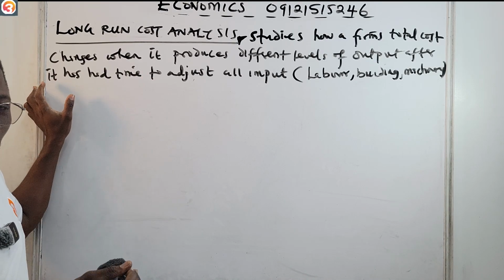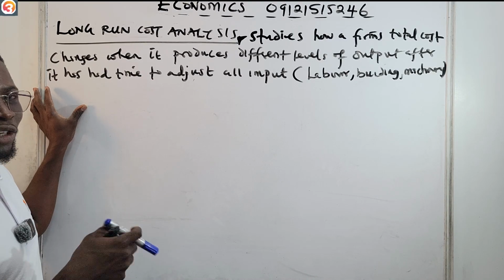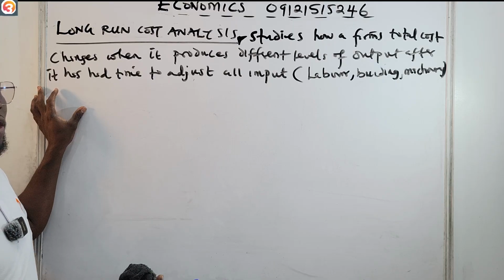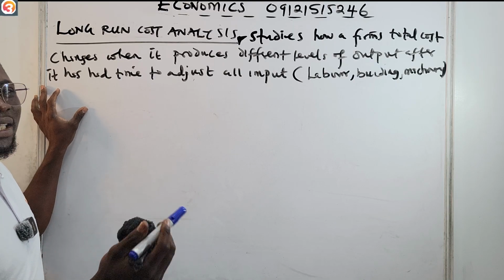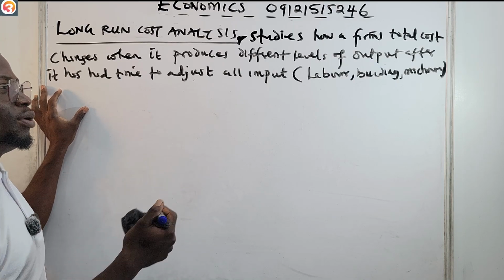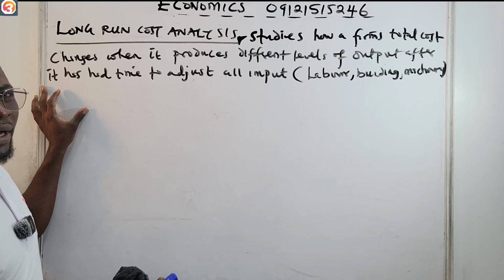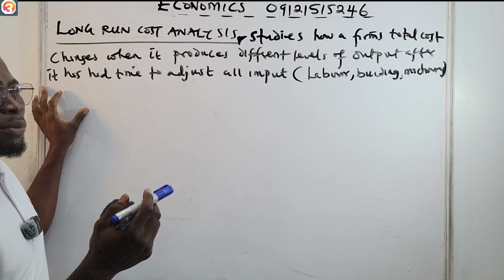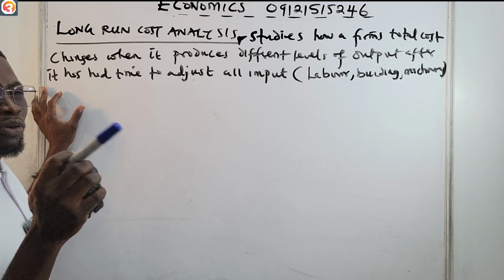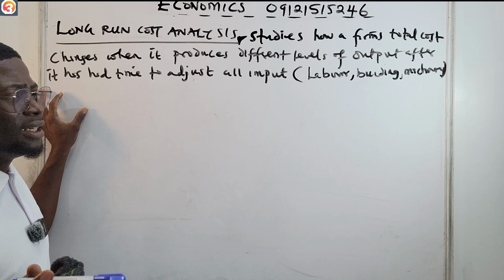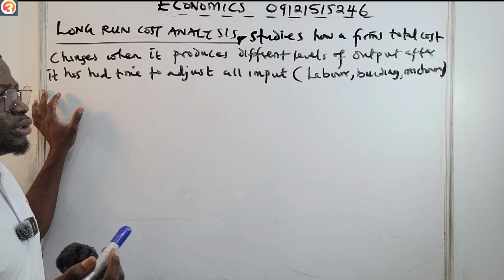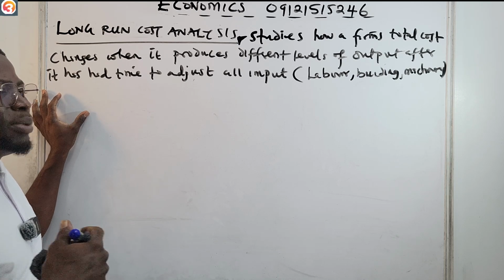We said in the long run, all factors of production are variable. So you can adjust your labor, your building, your machinery. You can decide to hire more workers or fire some, build a bigger structure to accommodate more workers, or buy new machinery.